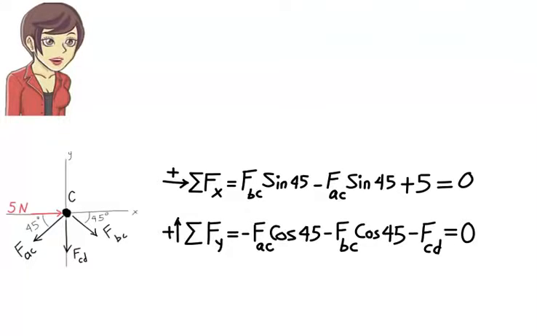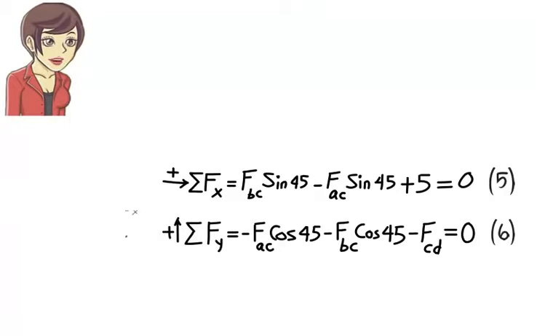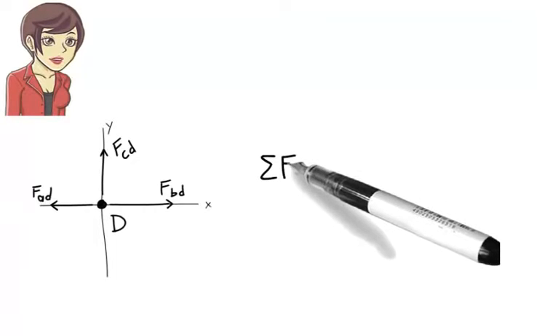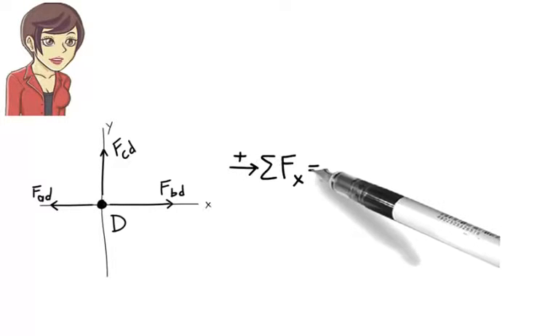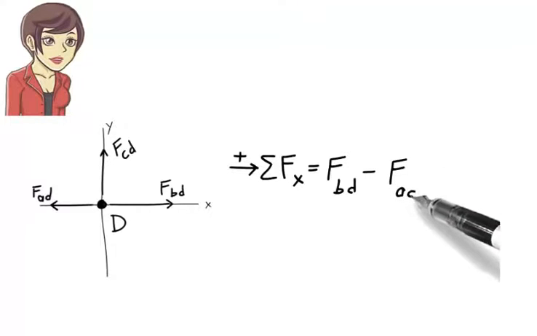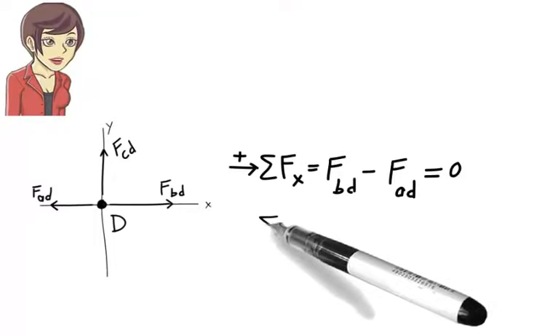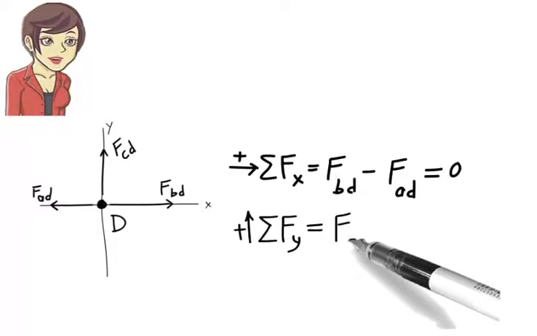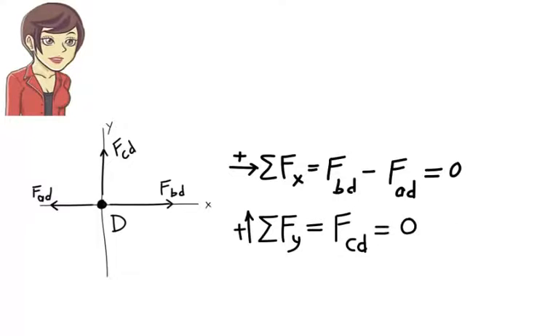These equations are labeled 5 and 6. Finally, for joint D, we have sum of the forces in the x direction equals FBD minus FAD equals 0. Sum of the forces in the y direction equals FCD equals 0. These equations are numbered 7 and 8.